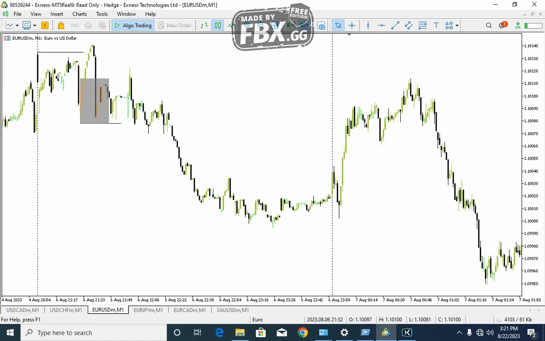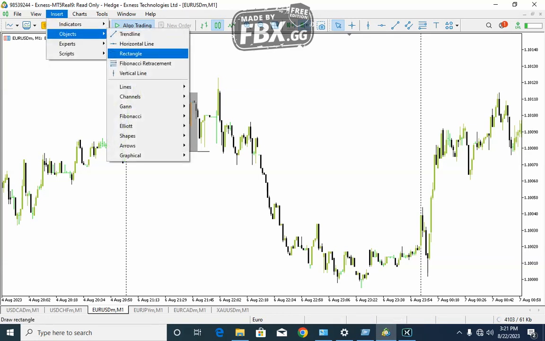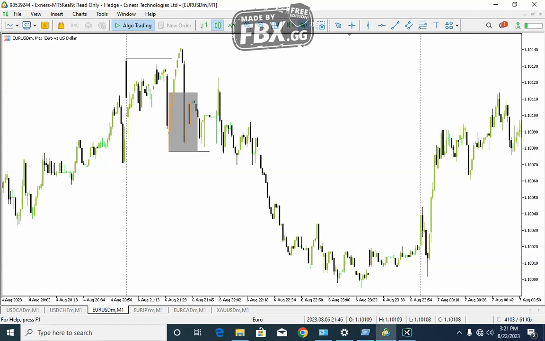So after this happened, you definitely want to look for areas coming. So break of structure to the downside: the market took out this particular low.